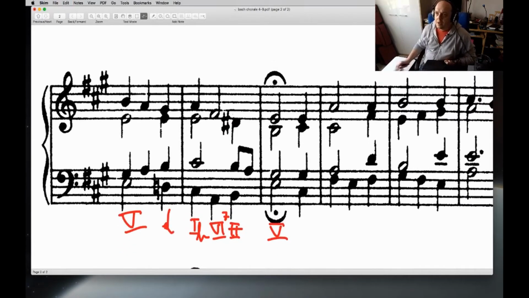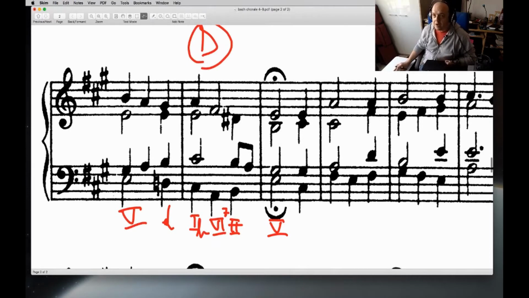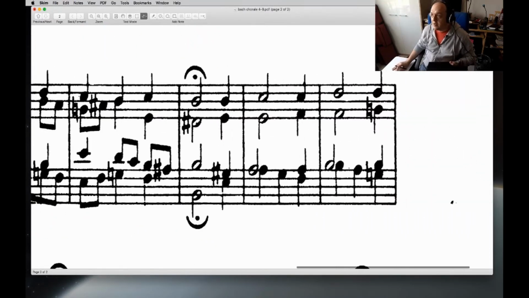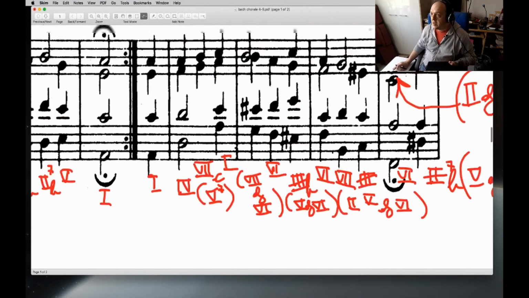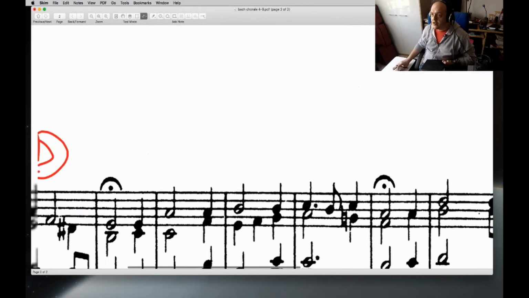Now all of that phrase is in the dominant region. I could analyze all that in E. If I start from here, and I think of the dominant region, that is 5, 7 in first inversion.